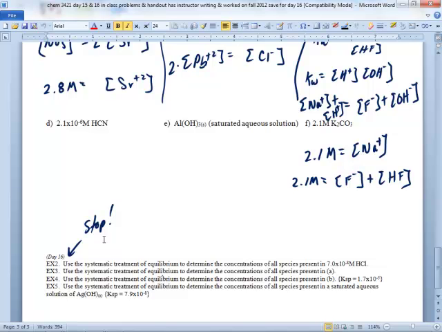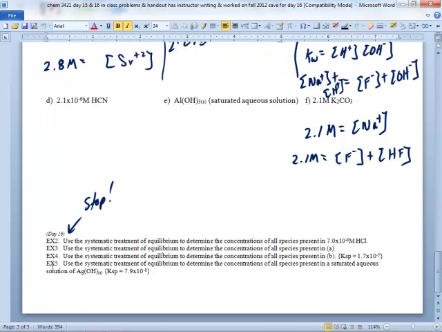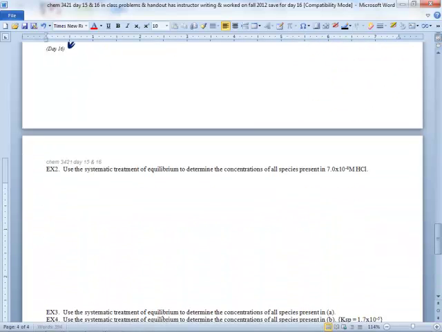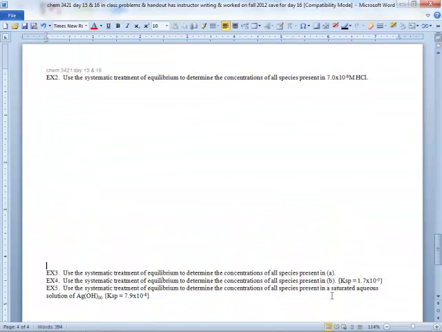So go ahead and see if you can follow the 5 steps and set up the equations, and then we'll see if we can solve it. There's no Ka for HCl.